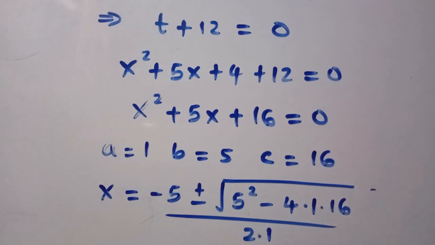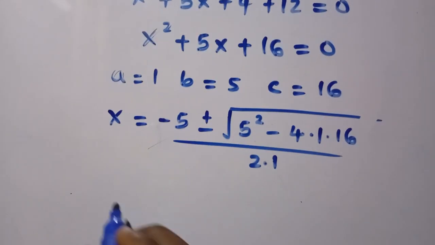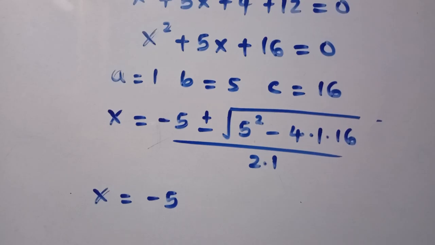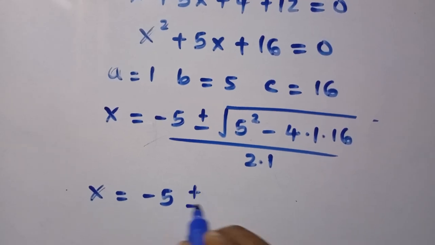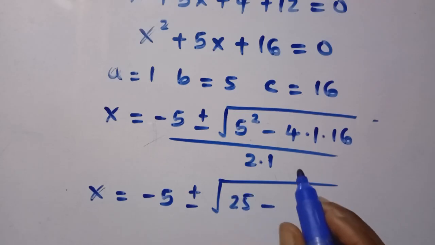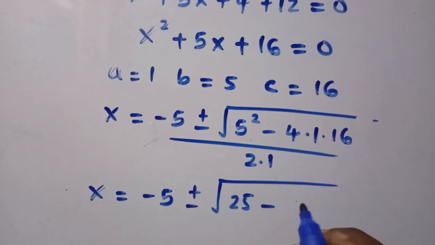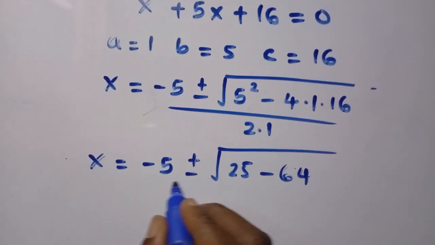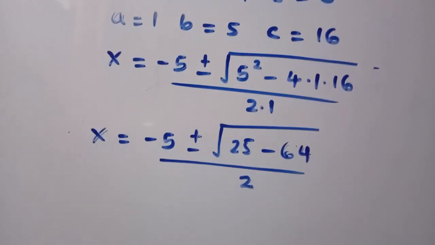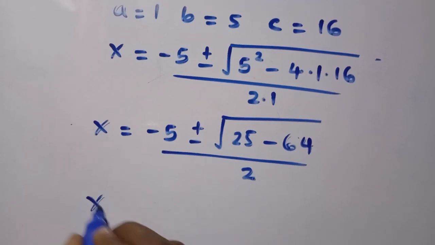And after having this, we try and expand this. So when we expand this, we have x equals minus 5 plus or minus the square root of 25 minus, so here is 4 times 16, and that gives us 64, divided by 2. Then when we take 64 from 25, we are getting a negative here.